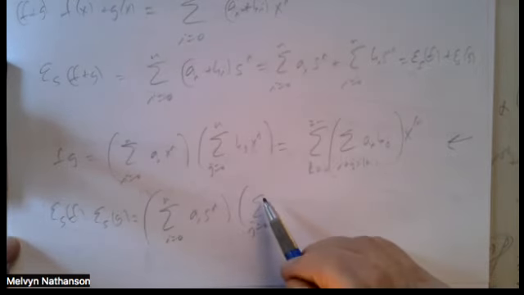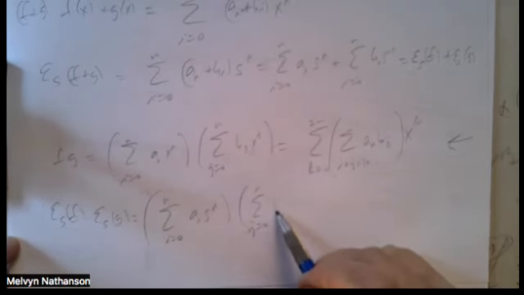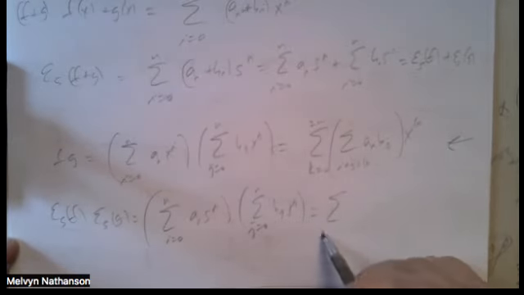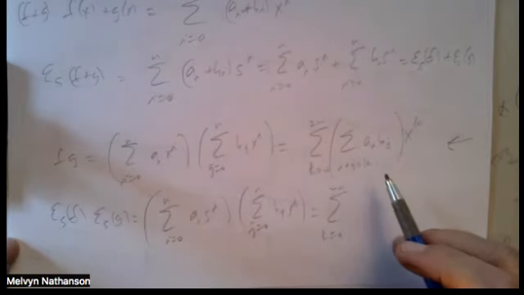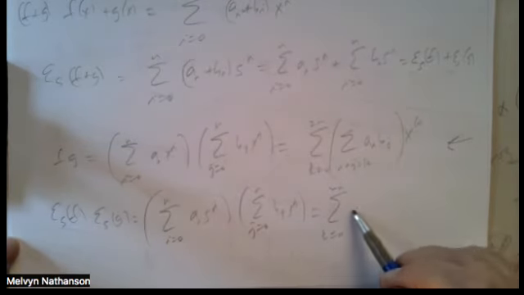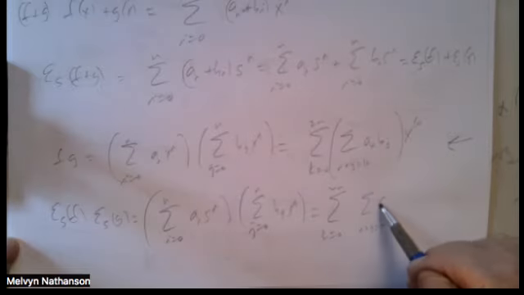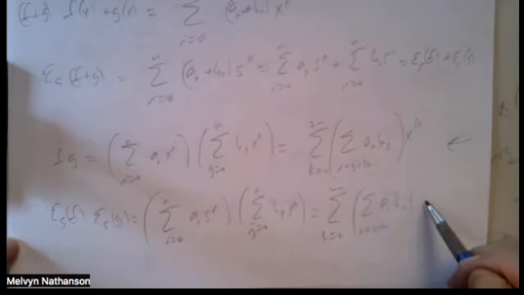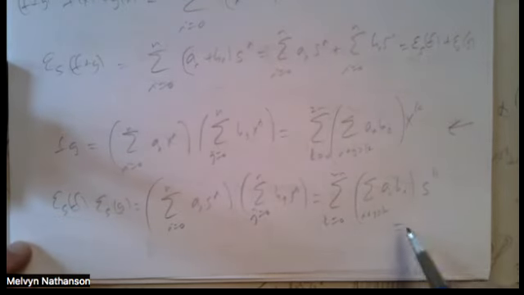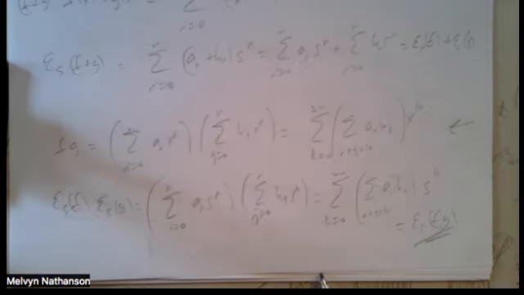If I evaluate the polynomial g at s, I get summation b j s to the j. Again, it's the same rule for multiplying. This is summation k goes from 0 up to 2n, summation over all i plus j equal to k, a i b j, s to the k. But that's exactly this polynomial evaluated at s. So the rule for multiplication is satisfied.